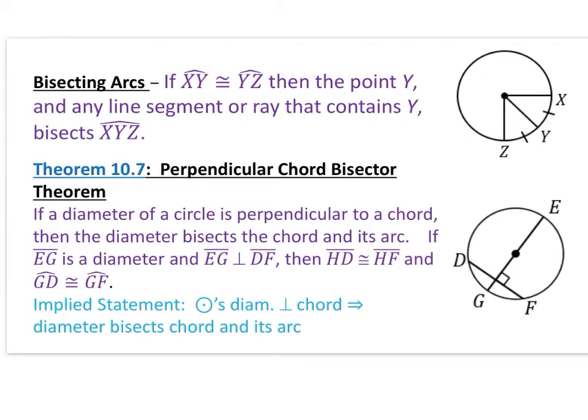So that leads us to our next theorem, our perpendicular chord bisector theorem. If a diameter of a circle is perpendicular to a chord, as you can see here, the diameter GE is perpendicular to chord DF by our right angle symbol, then the diameter bisects the chord and its arc. So that makes this piece equal to this piece.